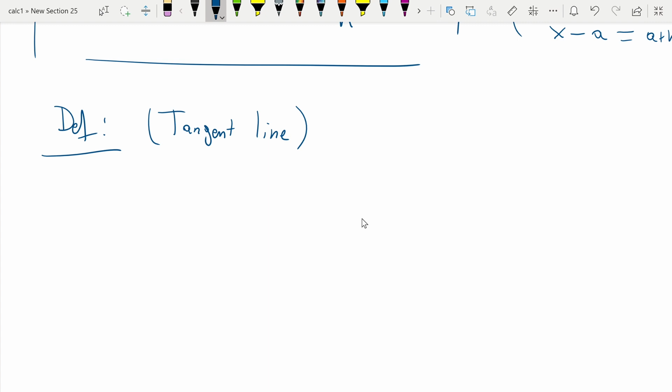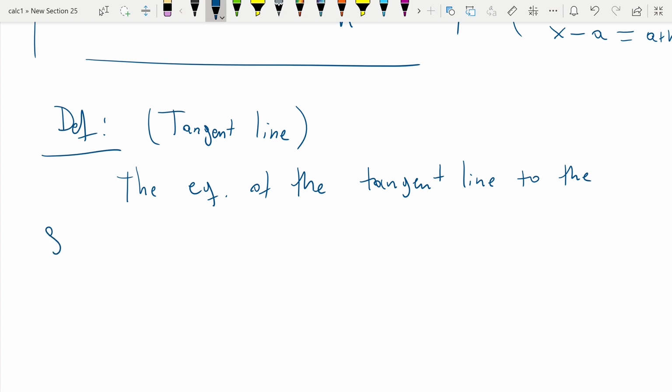so the equation of the tangent line to the graph y equals f of x at the point P equals a comma f of a.